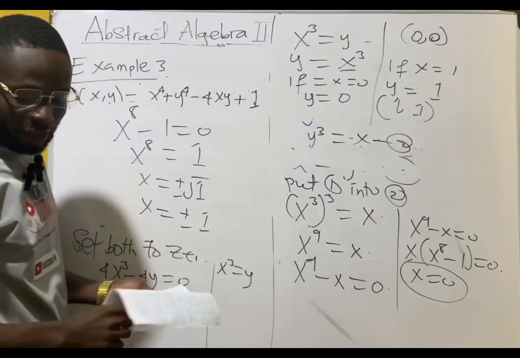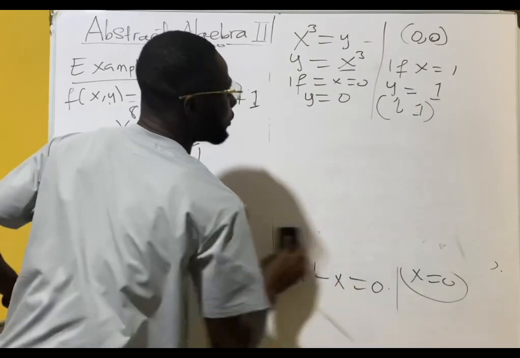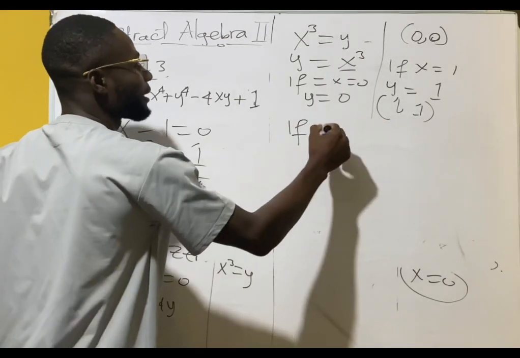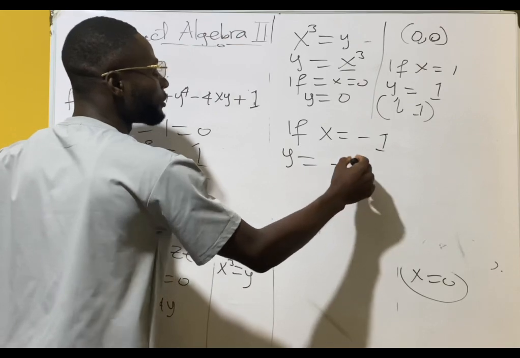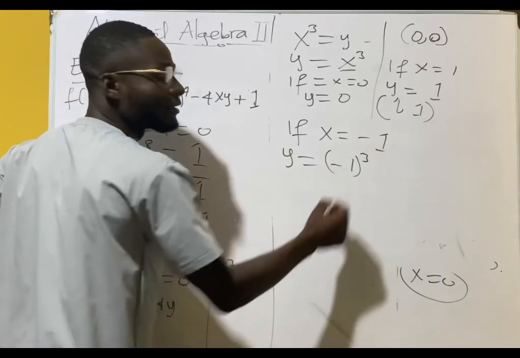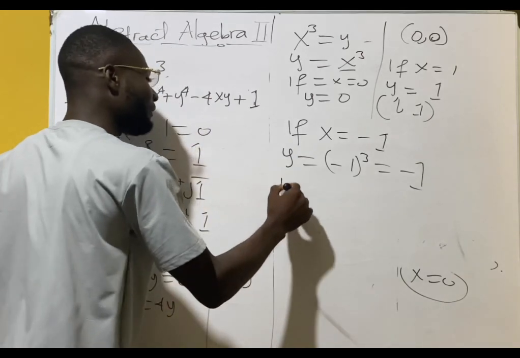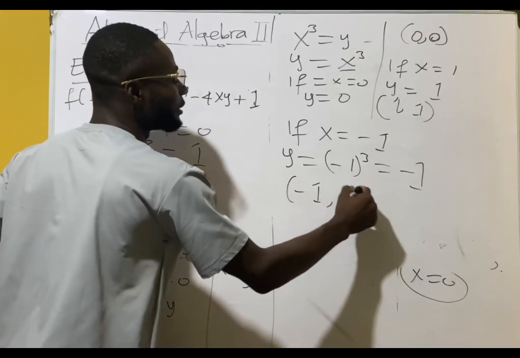Okay? And also if x is equal to -1, then our y will be -1 as well, because -1 cubed is -1. So our third critical point is at -1, -1.